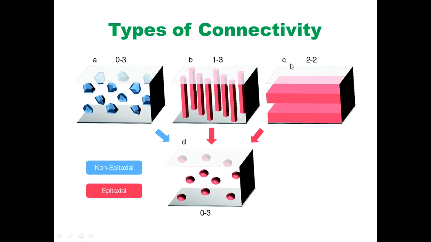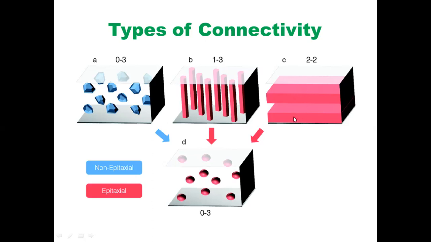And the next one is the 2-2 connectivity. What is the meaning of 2-2 connectivity? Here you can see two slabs, two layers. This is the first layer, this is the second layer.